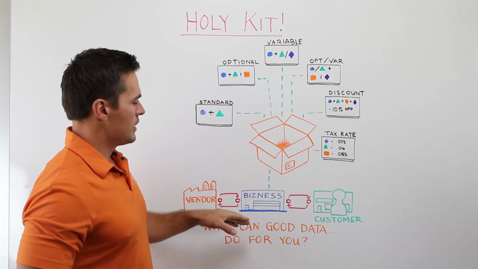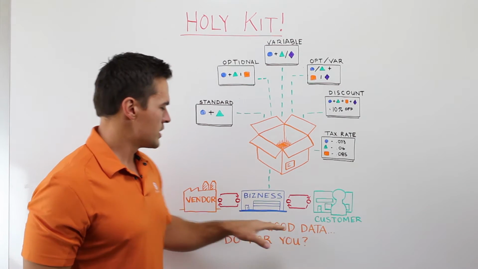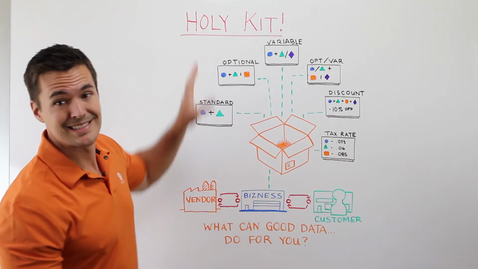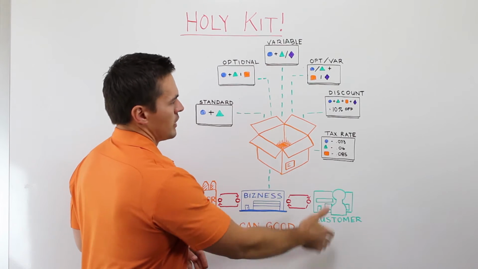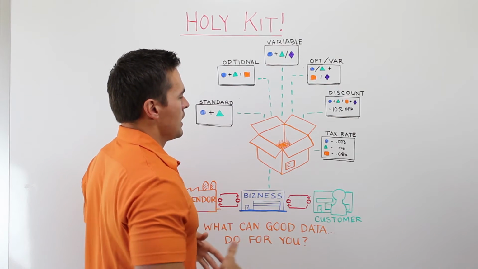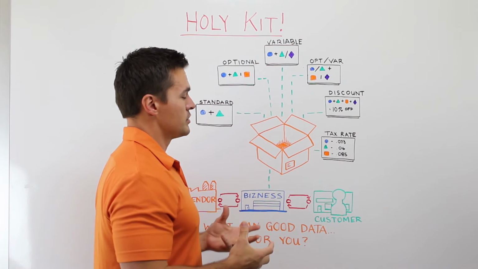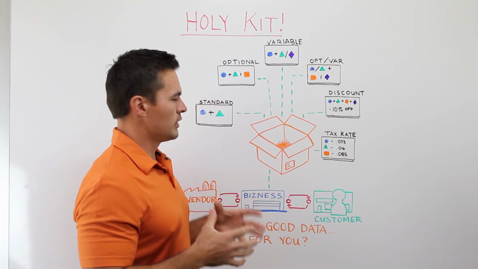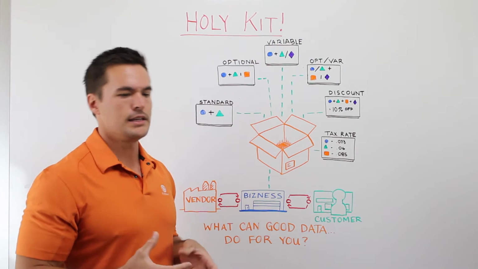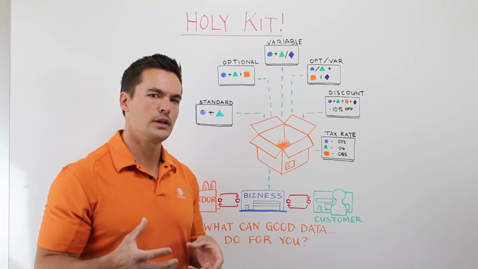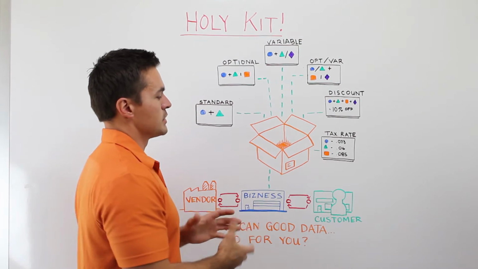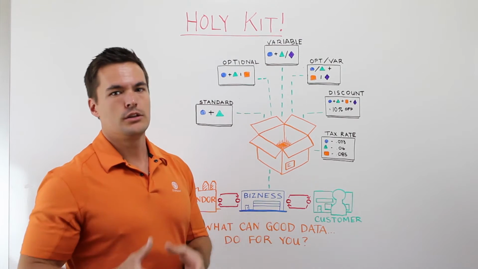But let's look at it now from the customer side, the business side, and the vendor side as it relates to kitting. From the customer side, being able to provide them several different types of options and purchase features is great, because we're really living in an age where variety is key. The more personal something can be, sometimes, the more it helps, especially if you're dealing with end users.